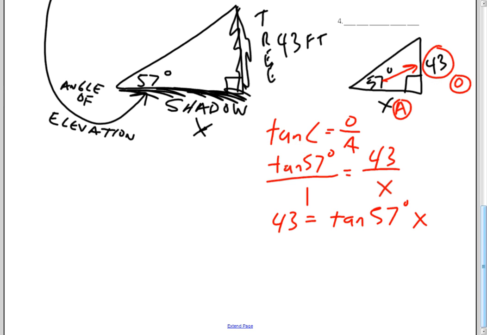Some people like to put in the decimal in that spot. I prefer to just let the calculator handle it. In any case, what do I have to do to get rid of whatever's in front of that x? Divide.